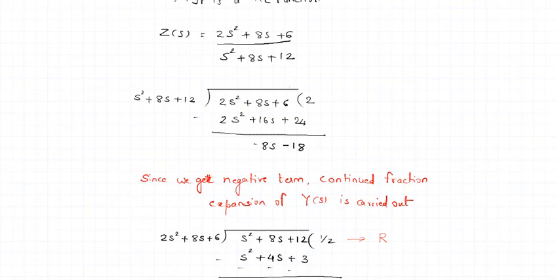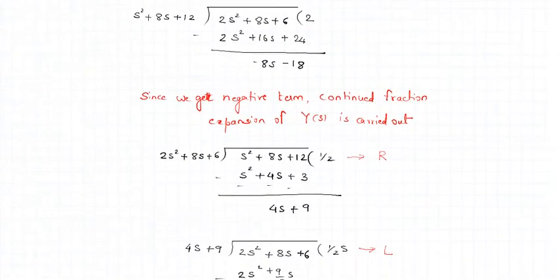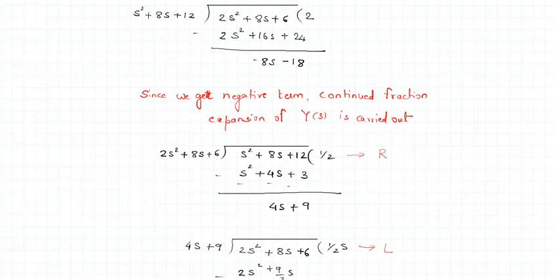So here you can see we have taken the reciprocal and we are now performing the division of the admittance function, which has resulted in a positive remainder. So the problem which arose earlier is overcome by implementing the admittance function. The first quotient is 1 by 2.